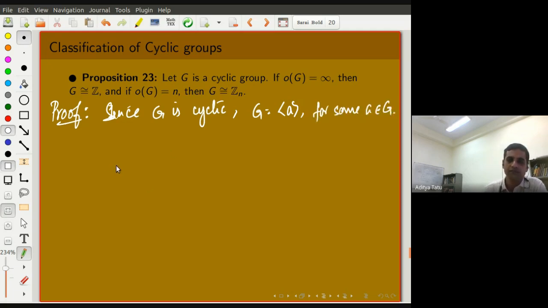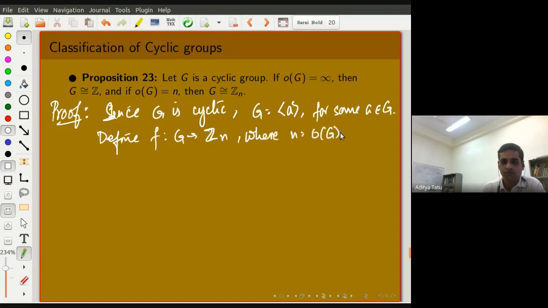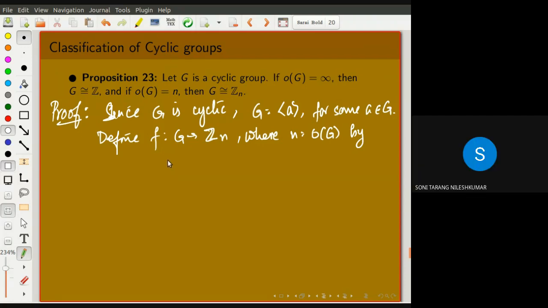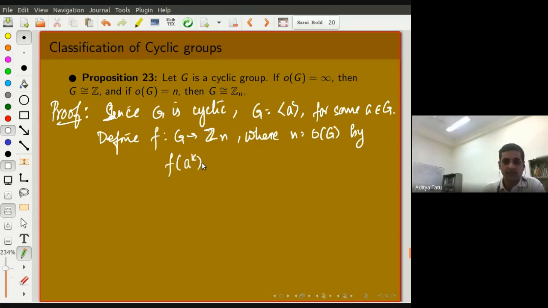And how will I define this? Sir, we can define f of a raised to k equals k.